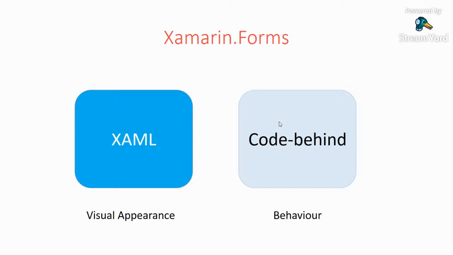You write the business logic of that UI there. Like when you place a button, what should happen when the button is clicked. The exact behavior of your UI logic will be in the code behind.